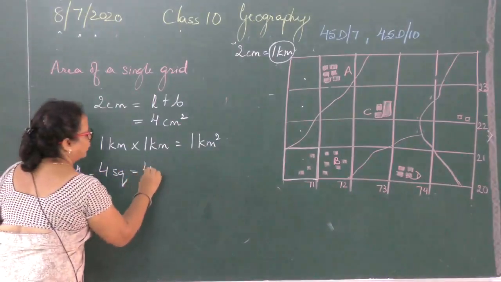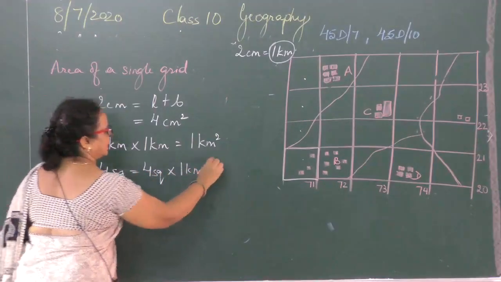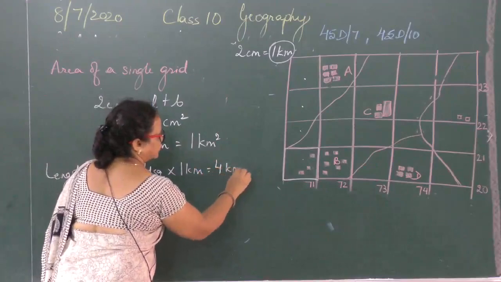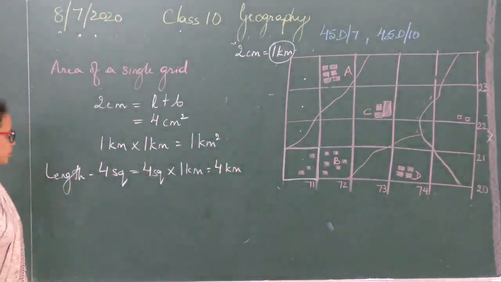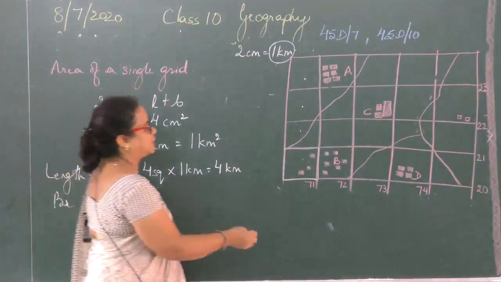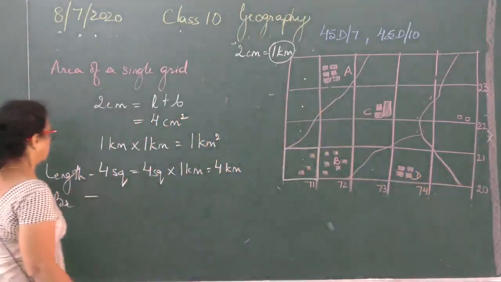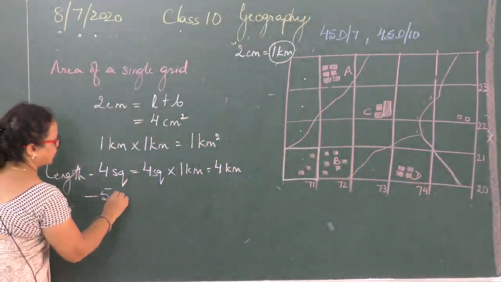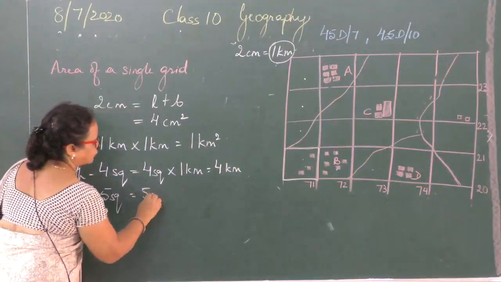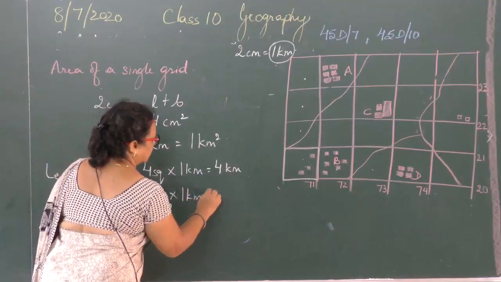Which will be 4 squares into 1 kilometer. So what is the length? 4 kilometers length on the ground. Similarly, the breadth. Breadth is sideways. 1, 2, 3, 4, 5 squares are there. We take it as 5 squares into 1 kilometer.